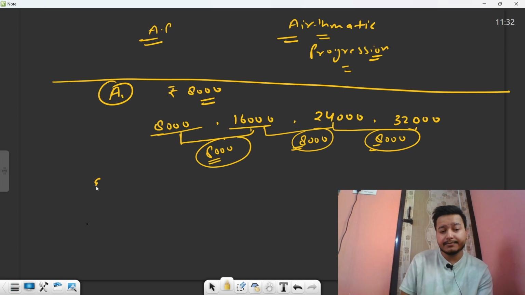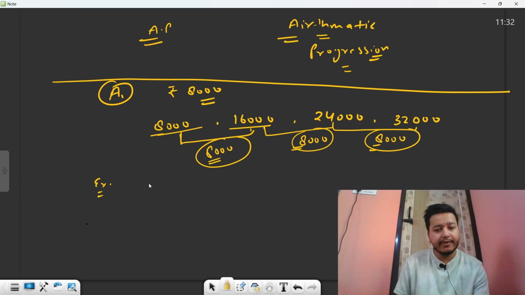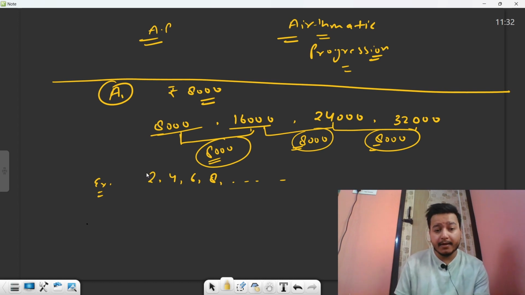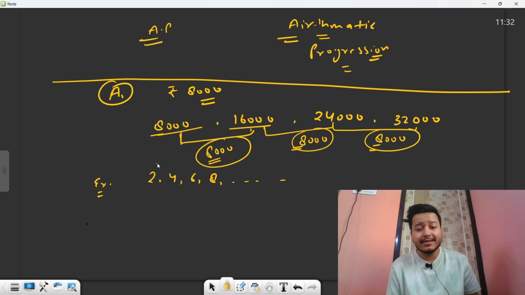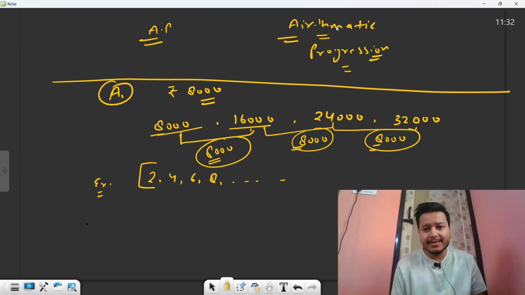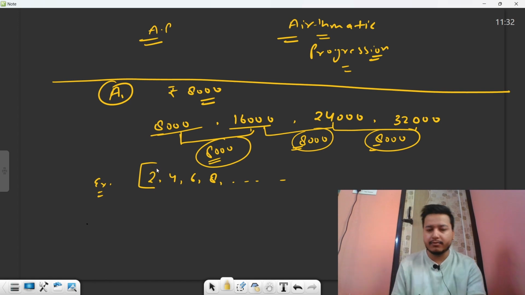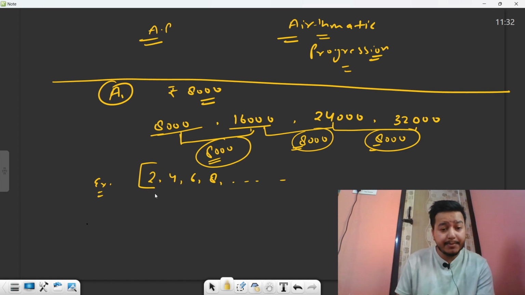Now another example. Let's say a series of even numbers. If you write the even numbers, we will get 2, 4, 6, 8 and so on, right? So this is a series, but is this an arithmetic progression? Is this an AP? Let's find out. This will be an AP if the gap between two numbers is the same everywhere.